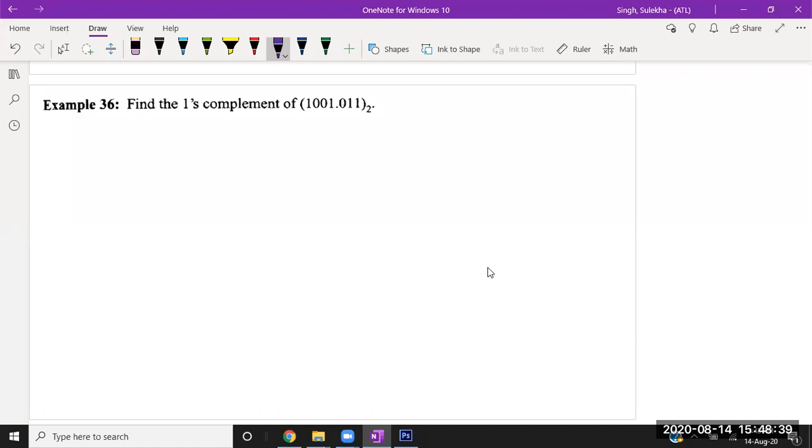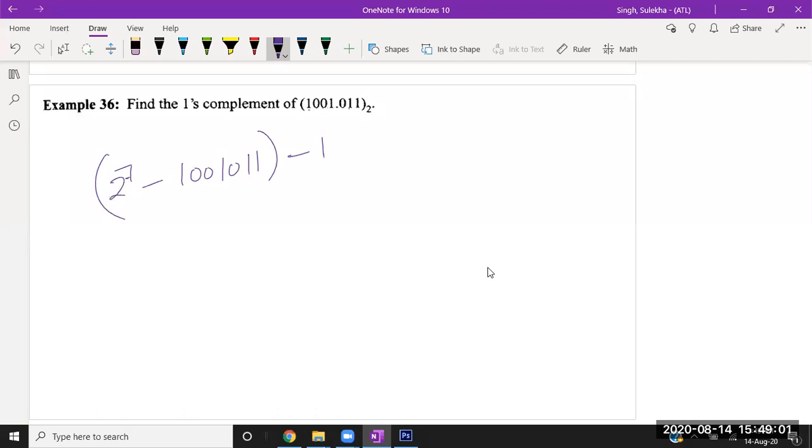Okay, most of you are very correct. So what you need to do is first calculate 2 to the power 7, counting 1, 2, 3, 4, 5, 6, 7, and then subtract the number 1001011, and then minus 1.